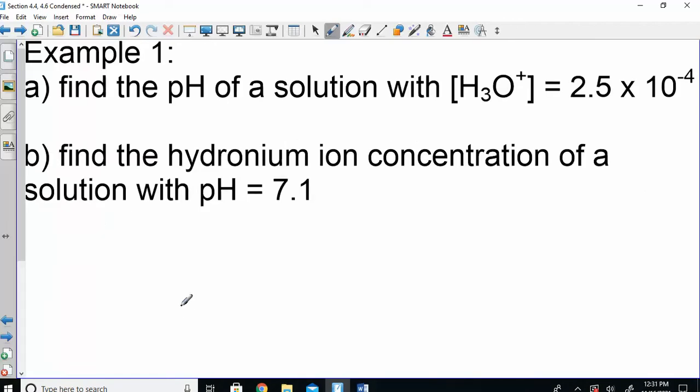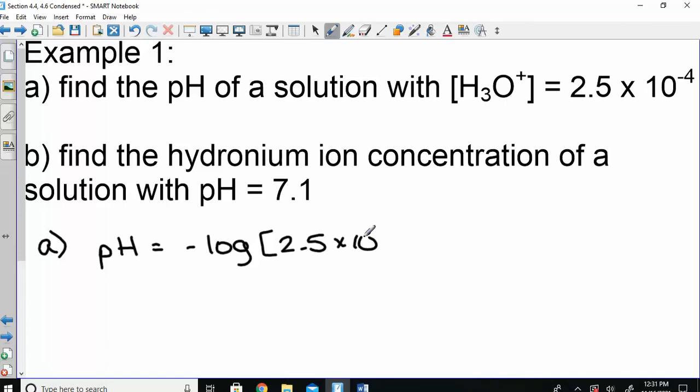So here is an example. Part A. Find the pH of a solution with a hydronium ion concentration 2.5 times 10 to the negative 4. So the pH formula that I just gave you, pH is a negative log, and then in parentheses you do your 2.5 times 10 to the negative 4.